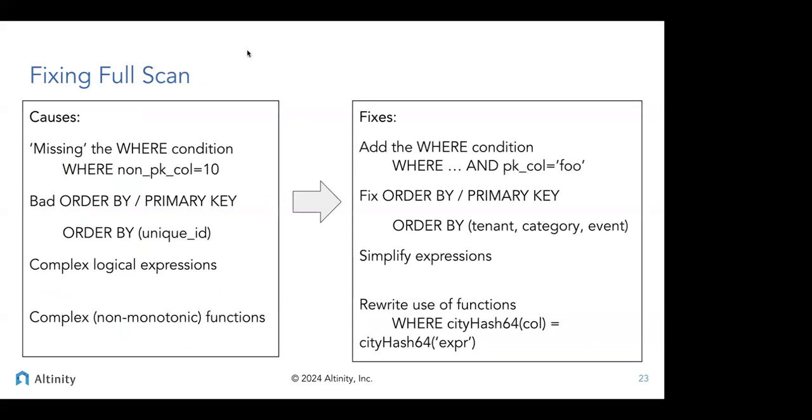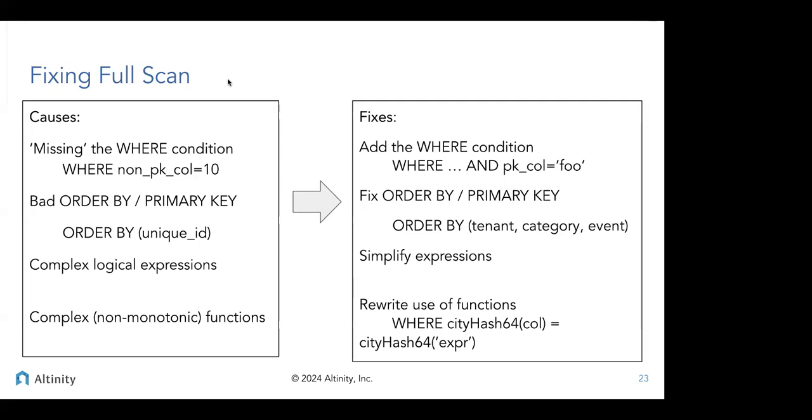So if you have a full scan, what should you do? The most obvious thing is that maybe you're just missing a where condition by the primary key. You have some condition by some other fields, but you missed the condition by your primary key, so just add that. Or maybe you just picked a bad order by.